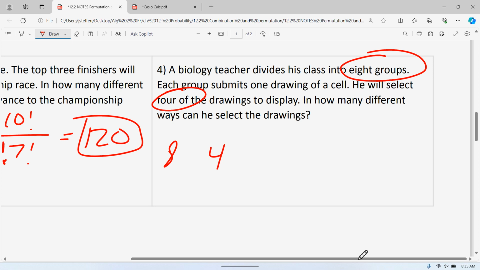That's combination. So again, once you have that, the rest of this shouldn't be too bad. 8 factorial over 4 factorial times 4 factorial. And again, I'm going to type out the original in my calculator.